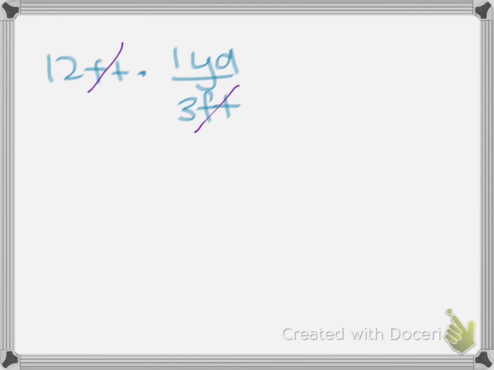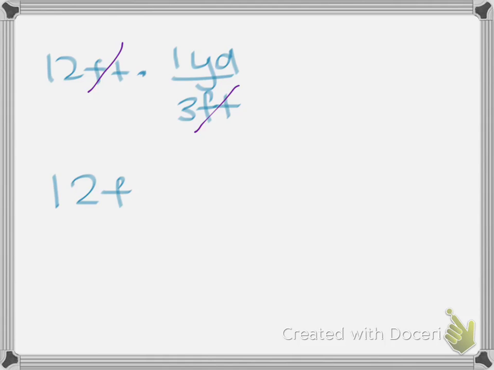And I just want to point out the example that they use where they show you the non-example, and they said that the example is 12 feet times 1 yard over 3 feet is correct for this conversion because, and the whole reason is because you can cross simplify out the feet so that you're left with the yards.